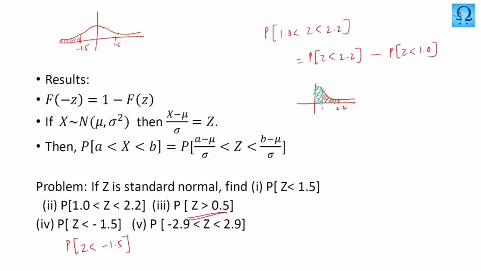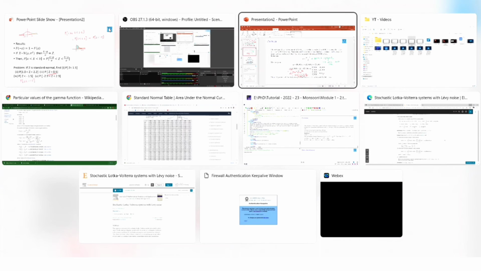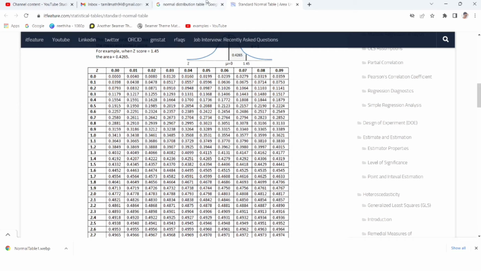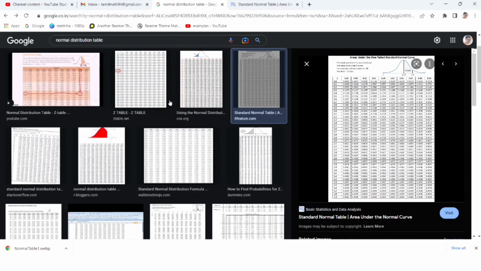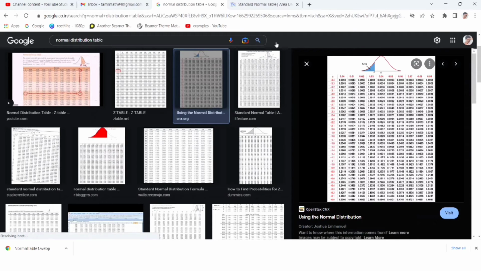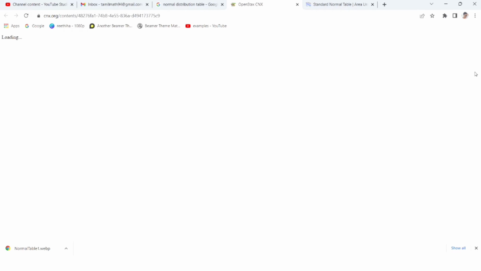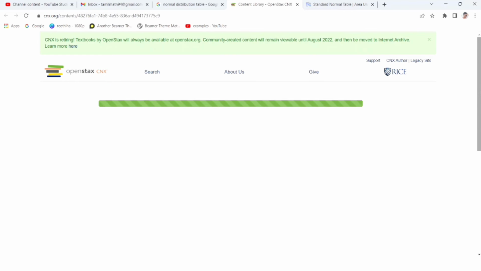If you are using a two-sided table, some tables will give you that. Just a minute, let me see if I can get that table as well. I hope you can see what is going on on my screen.